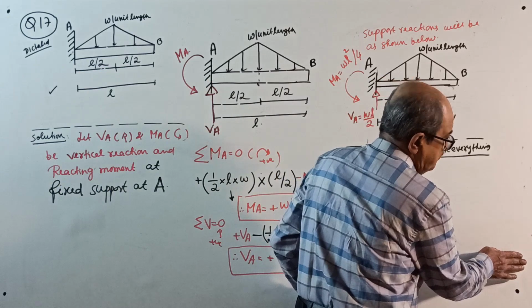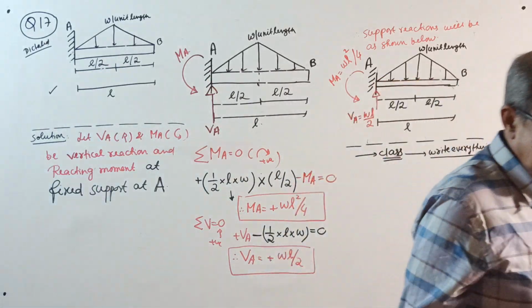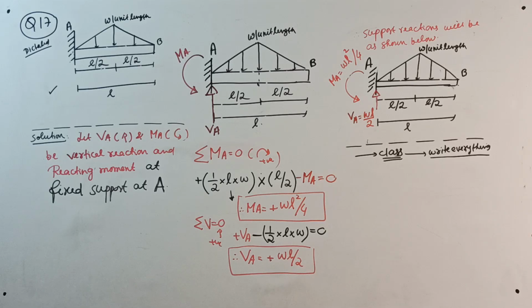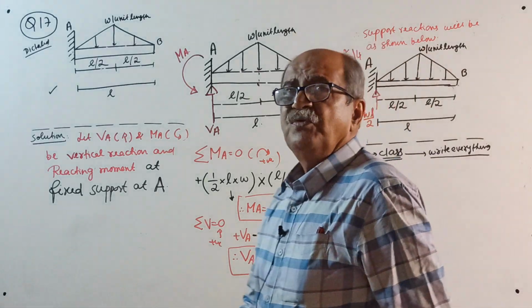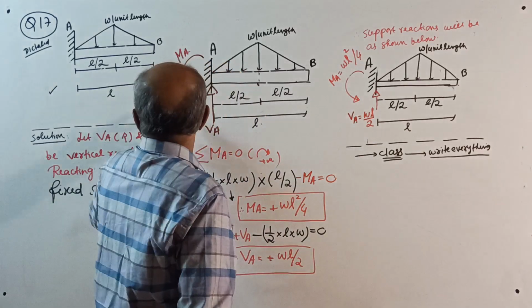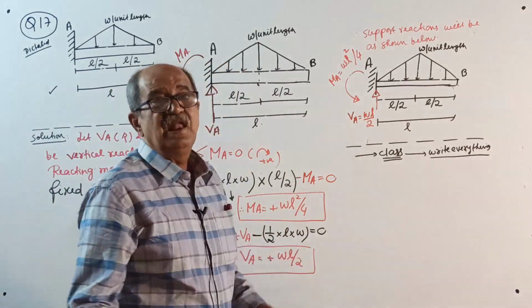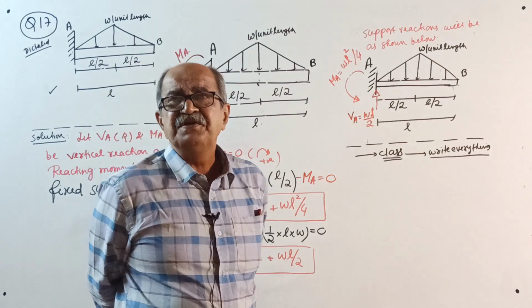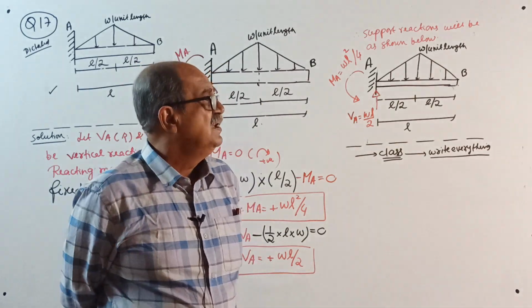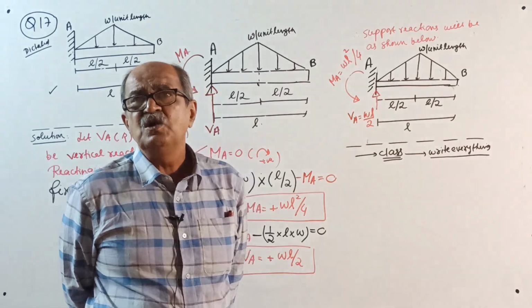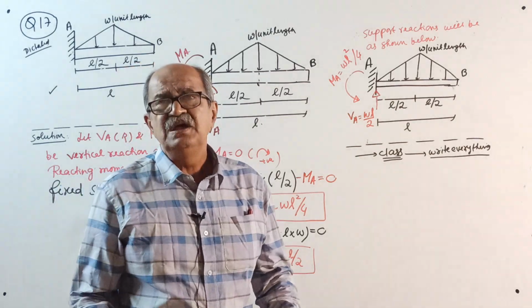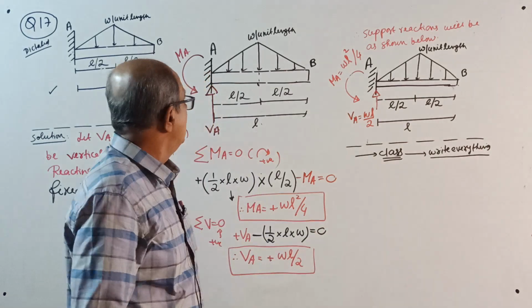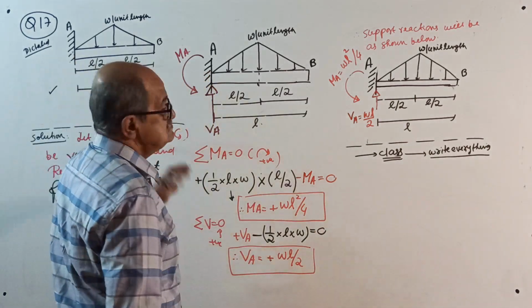Because for question number 16, all the 16 questions, I solved once with the left side fixed, then with the right side fixed. So now onwards, I will take left side fixed.